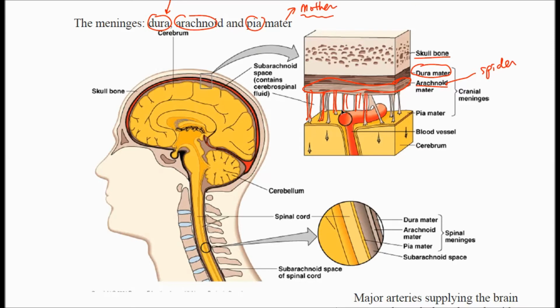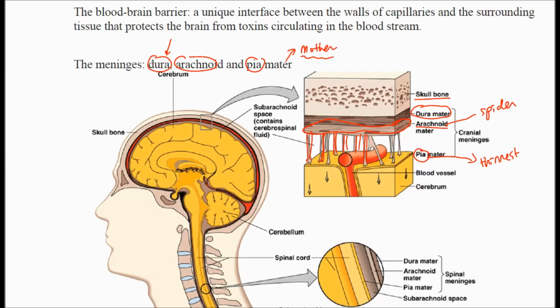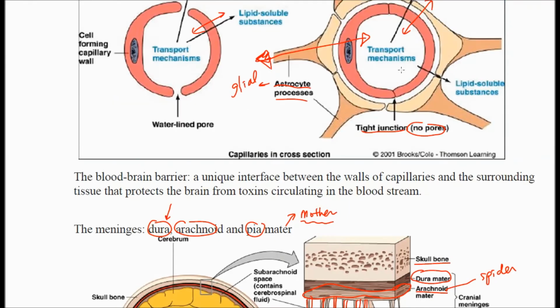And also because of this trabecular system, there's a space between the arachnoid mater and pia mater. Pia mater is the innermost of the cranial meninges, and it envelops the neural structure. And that's the thinnest structure. You can find the capillaries in the pia mater that form the blood-brain barrier that we just covered.